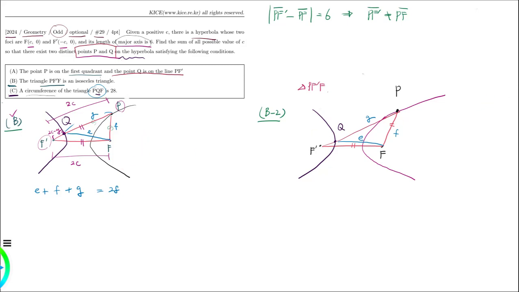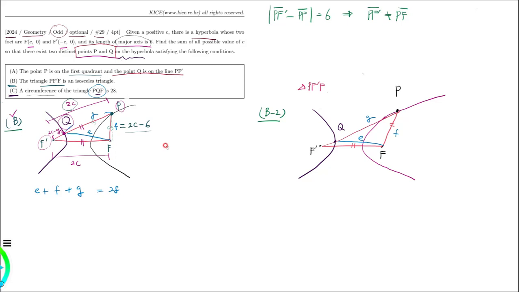And by the property of the hyperbola, for the point on the hyperbola, we know that F is 2c minus 6, because for the point P on the hyperbola, the longer line segment is 2c, and the shorter one is 2c minus 6.